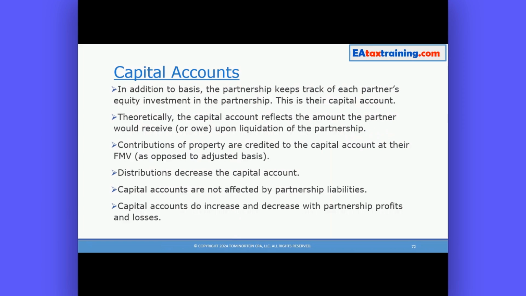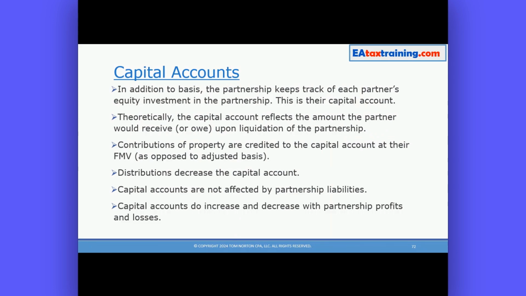Contributions of property, including cash, are credited to the capital account at their fair market value, as opposed to adjusted basis. So remember, when we were talking about the partner's outside basis in the partnership, they only get credit for their basis in the property that they contributed.